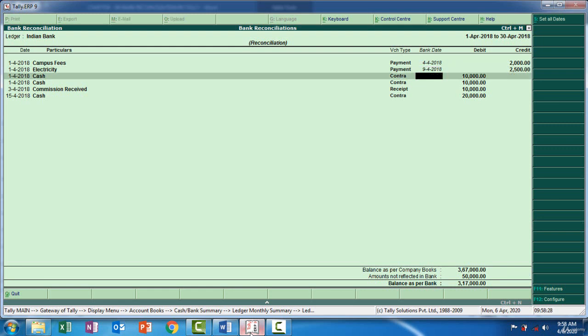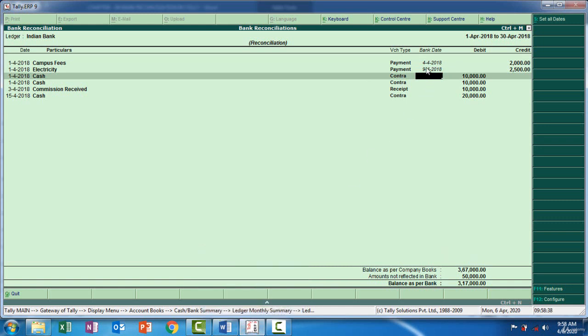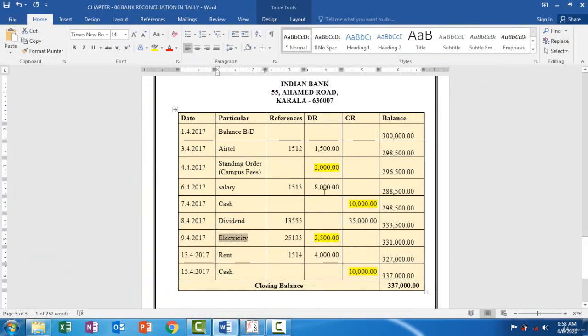It is the transaction bank date. It means that 2000 we recorded on 1 April, but it was collected on 4th April, and the second one, electricity, we recorded on 1 April, but it was collected on 9th April. Okay, so these two transactions we have done.